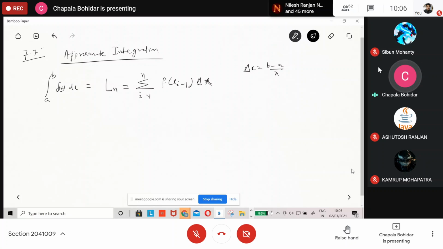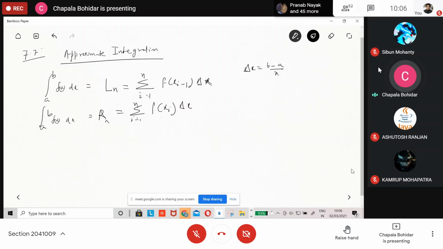Similarly, the right endpoint, integral of f(x) dx is R_n, equal to summation over i equal to 1 to n of f(x_i) del x.